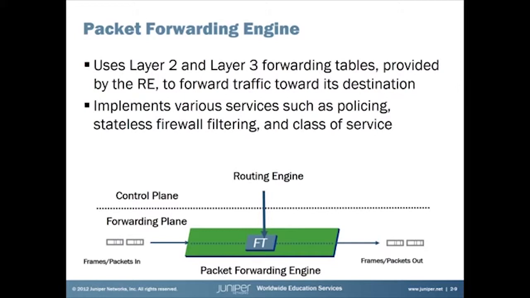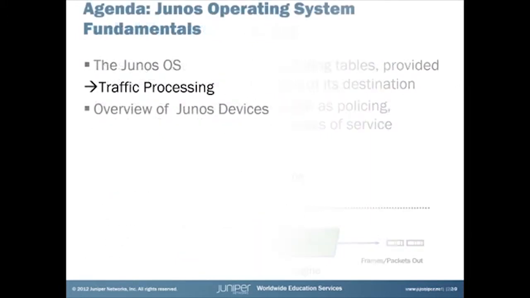So by adding interfaces, you're not overloading the device, because every time you add it, you're adding more processing capacity to support the interfaces that you're adding. Okay, so separation there of those two planes. Traffic processing.